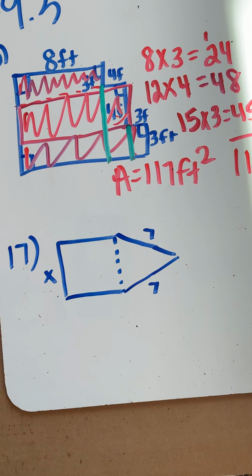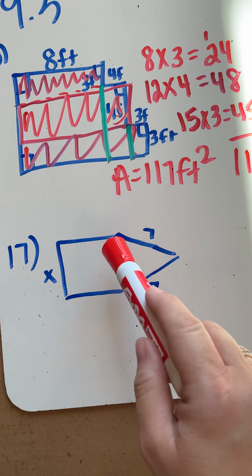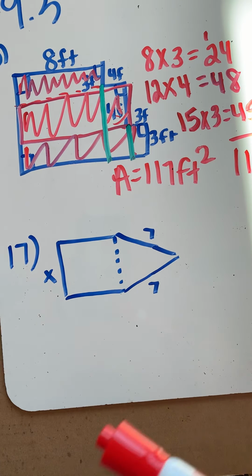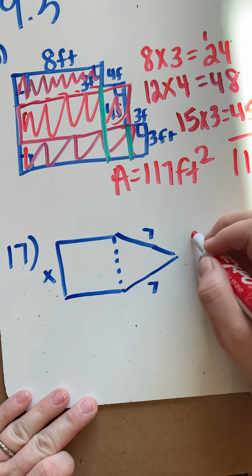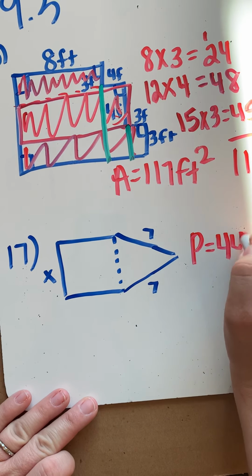So last one is number 17, and this was a critical thinking problem. It wasn't so much critical thinking as it was more so about knowing what your terms are and what terms mean. So they told us in number 17, and I'm sorry, I did not write it down, but they told us that we had an isosceles triangle and a square, and they told us that the perimeter was 44.